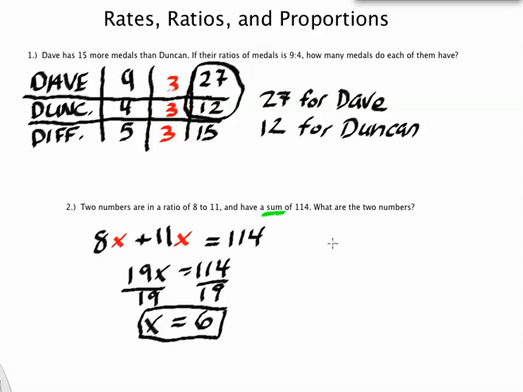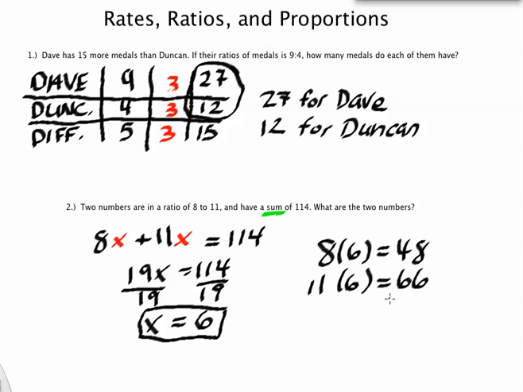So let's find out what those two numbers are. I'm going to do 8 times 6 for the first number, and that equals 48. And over here on the second number, I'm going to do 11 times 6, which equals 66.